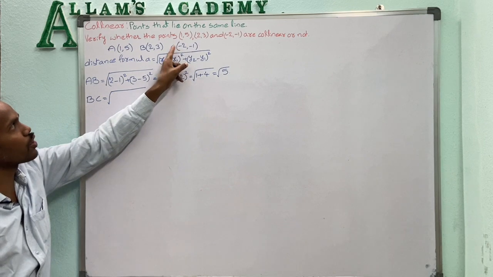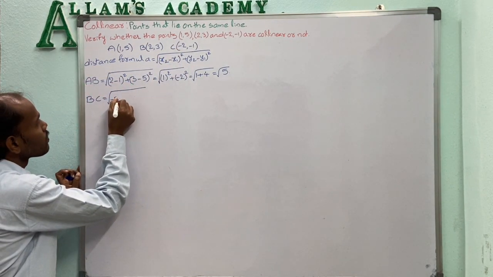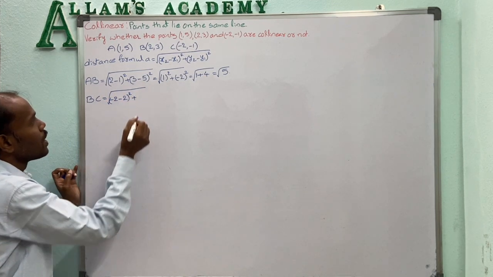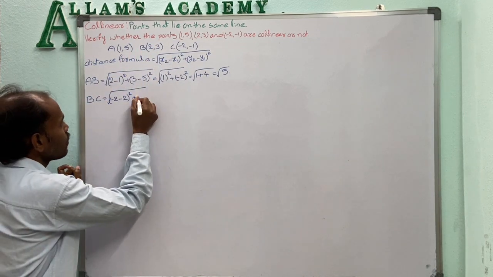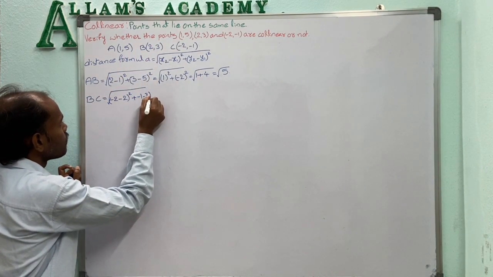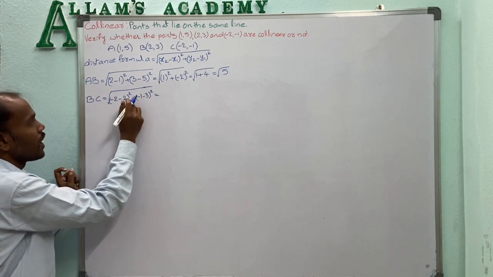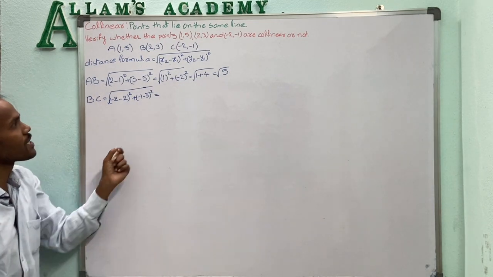That means -2 minus 2 whole square plus -1 minus 3 whole square.